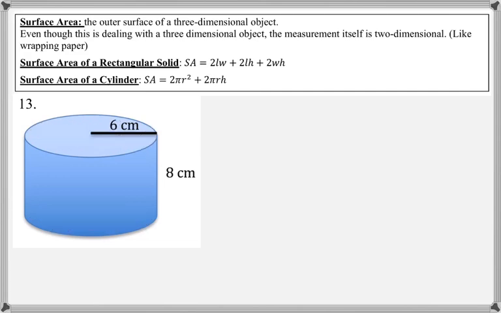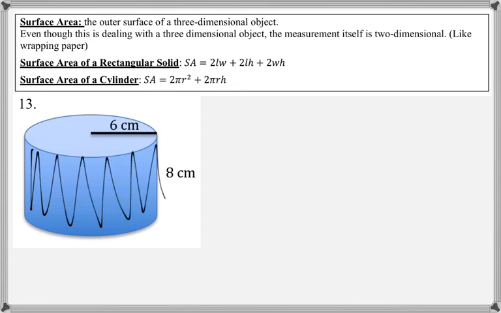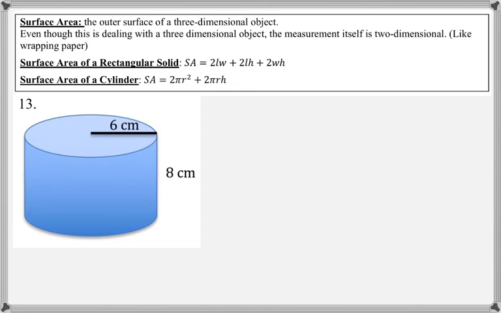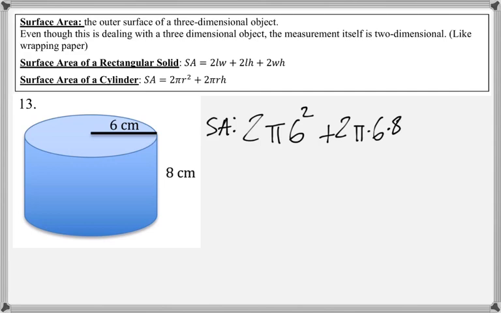And then the 2πrh: 2πr is the circumference, and if we multiply that by h, that's going to give us the side of the cylinder. So my surface area for this question is 2 times pi times 6 squared plus 2 times pi times 6 times 8.